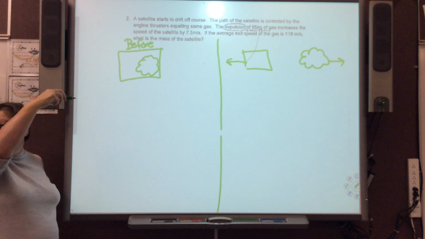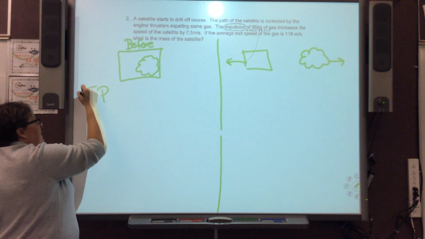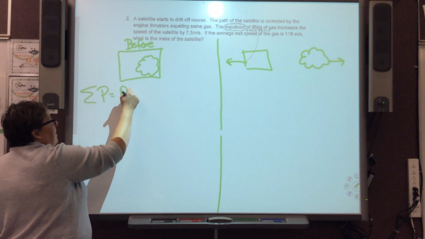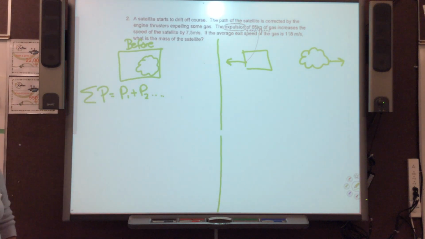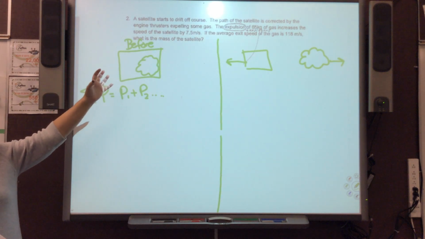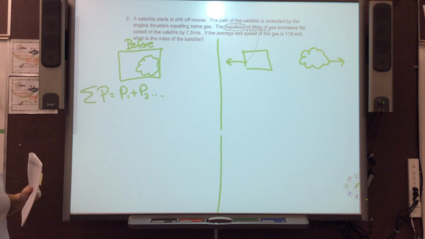It's 1 unit, right? And the momentum, we learned this, the momentum is P1 plus P2 and however many other momentums there are. So this is 1 unit, the satellite with the engine thrusters on it, because the gas is still inside. Because the thrusters haven't been engaged.